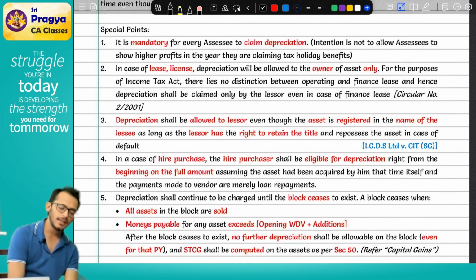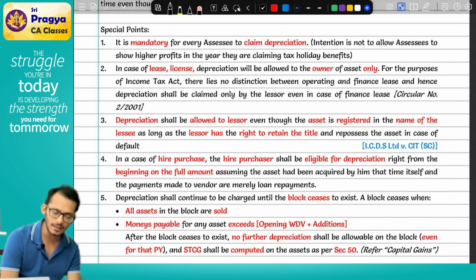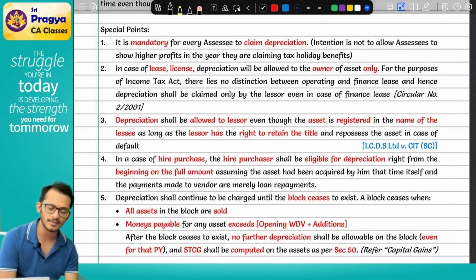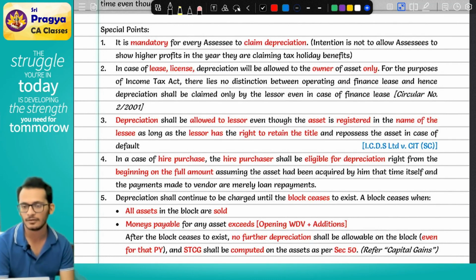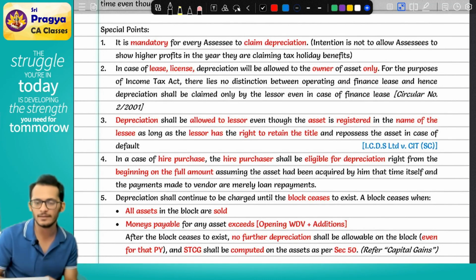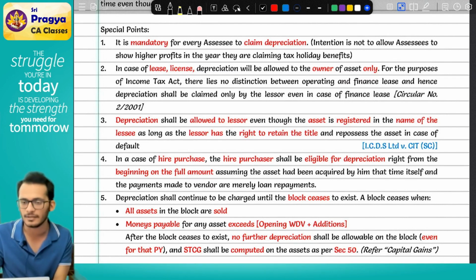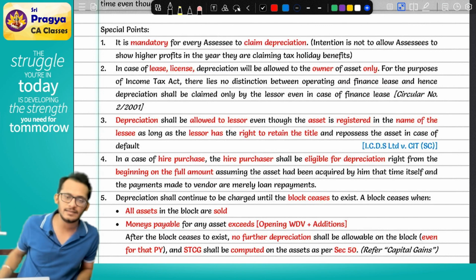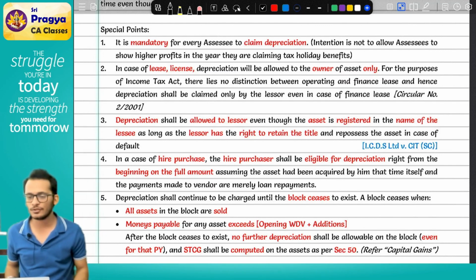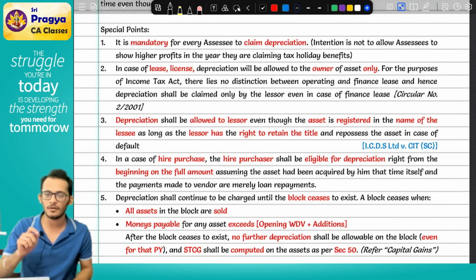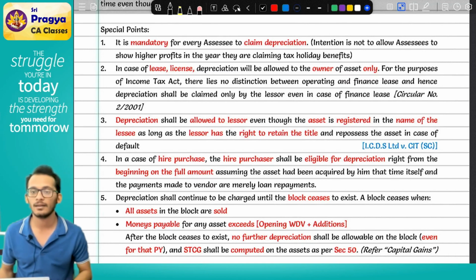I am saying depreciation shall be allowed to the lessor even though the asset is registered in the name of the lessee, as long as the lessor has the right to retain the title. Basically, there was this company called ICDS Limited, which was in the business of letting out cars.